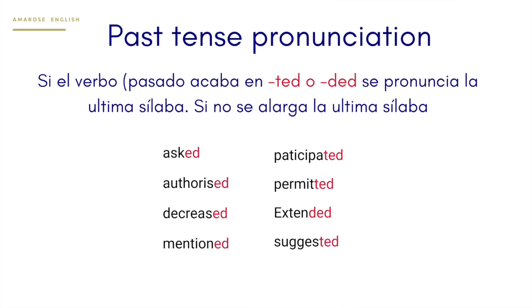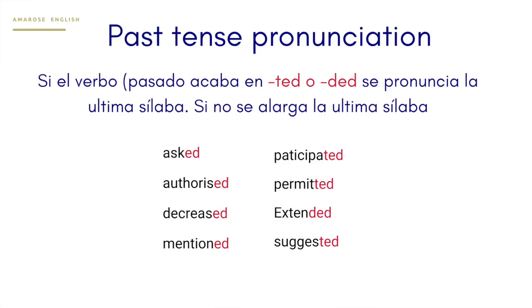So with the first column, you need to pronounce them without the extra syllable. So it would be asked, authorized, decreased, and mentioned. And in the second column, because they end in TED and DED, we have to pronounce the last syllable. So it would be participated, permitted, extended, and suggested.